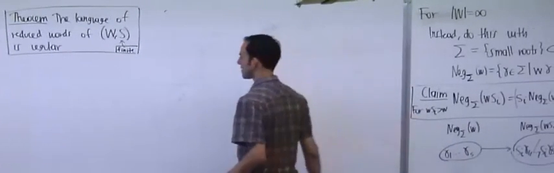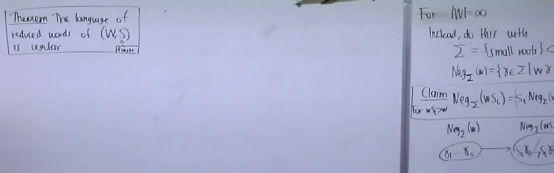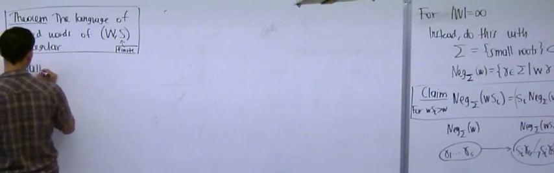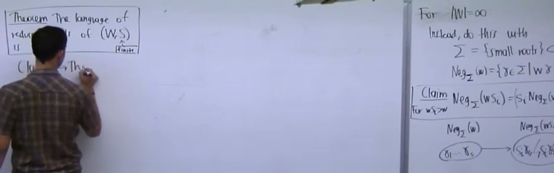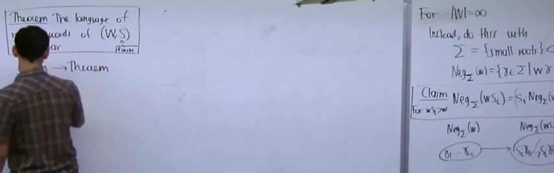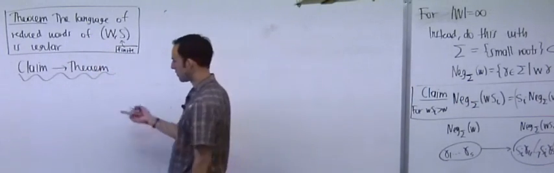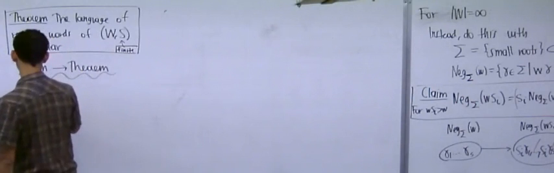So this claim is the same as this claim right here. And I will now prove to you that the claim implies the theorem. So the automaton is this thing that I just built.